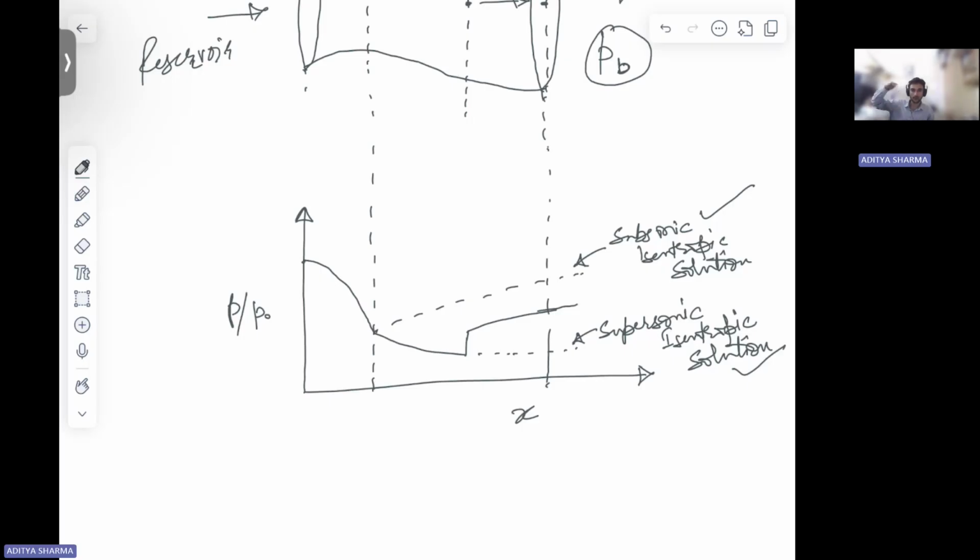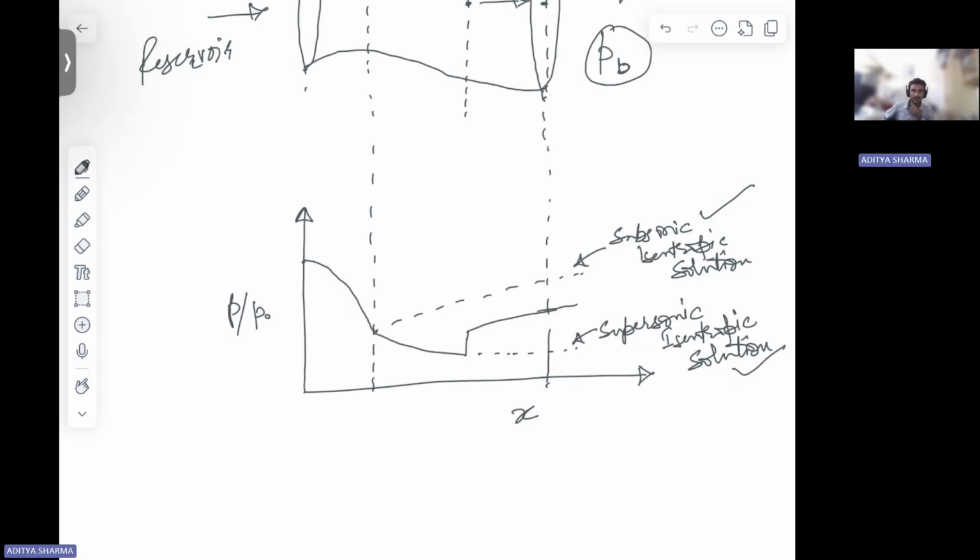For the subsonic one, there are lots of back pressures that can give this subsonic isentropic solution. Then for some particular back pressure related to your reservoir pressure, you're going to have a sonic condition. In between these two, we have some other back pressures.